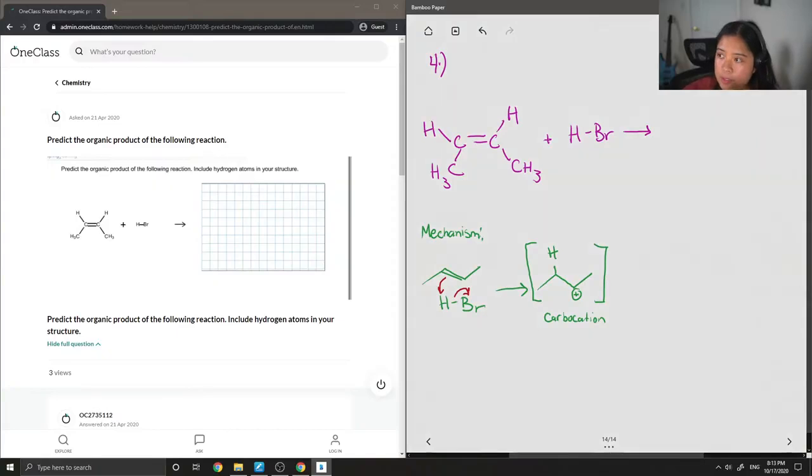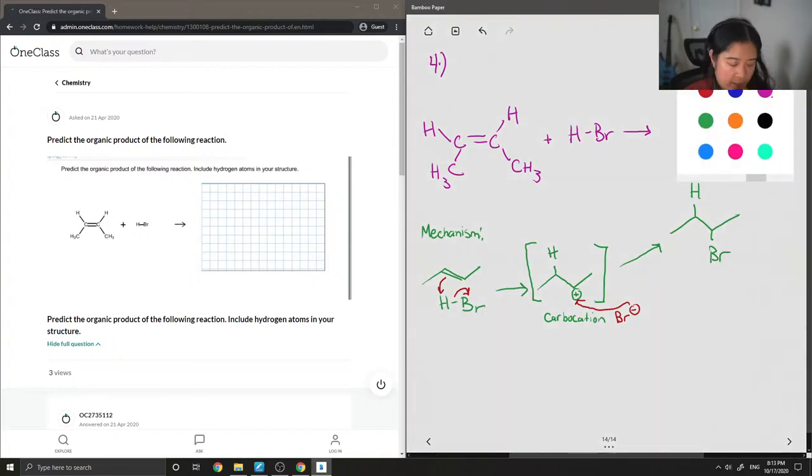But then the Br can come back, since it has a minus charge, and come up and try to neutralize that carbocation. Then we're left with this final product.